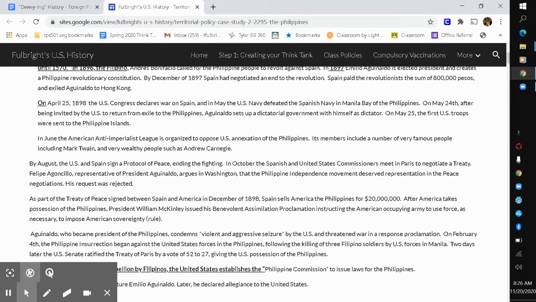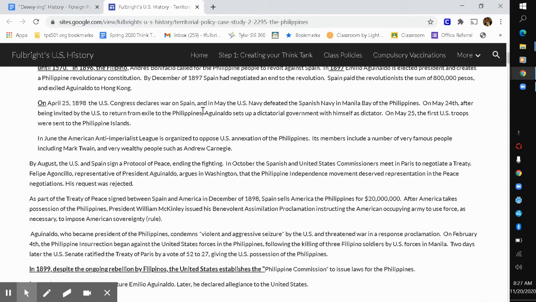So again, we have another Spanish colony fighting for their independence. And in 1898, when the U.S. declared war on Spain, because of what happened in Cuba, especially the sinking of the Maine, we go and fight the Spanish in the Philippines.